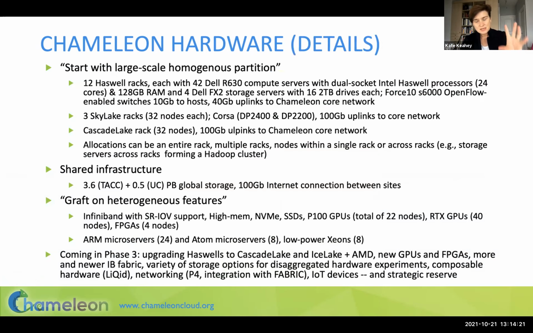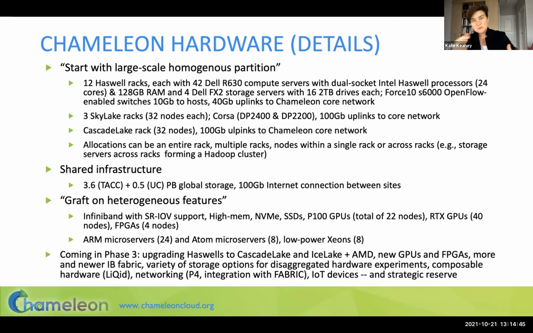So this is just a summary of what was on the previous slide. To that, I will just add that by the end of this month at University of Chicago, we're hoping to release 3 new racks, which, like I said, will have Cascade Lake nodes, GPUs, FPGAs, a variety of different SSDs, and a new InfiniBand fabric.